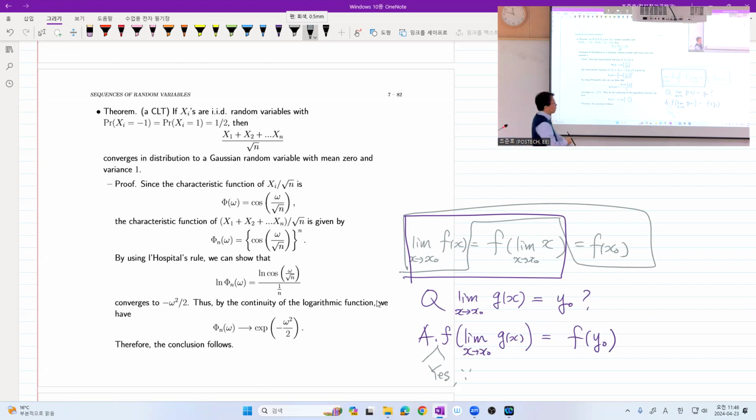Can you just say this? Somebody asked you to prove that limit, but instead you prove that one. Is it okay? As far as f is continuous function, for example, around here or around the value of that one, it's okay. Why?